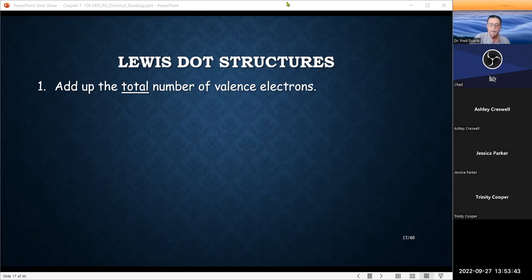For example, you might see methane, CH4. The way it's written, you will find that the central atom is written first. So carbon will be the central atom, which tells you whatever follows will be bonded to the central atom.